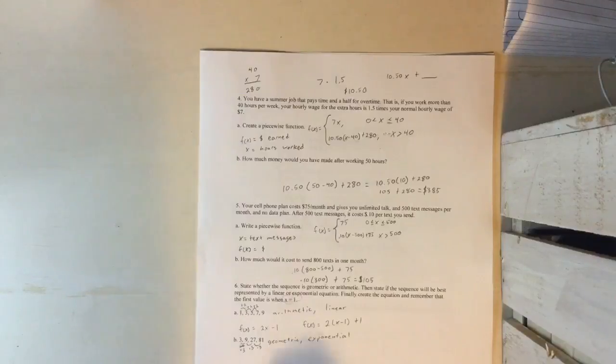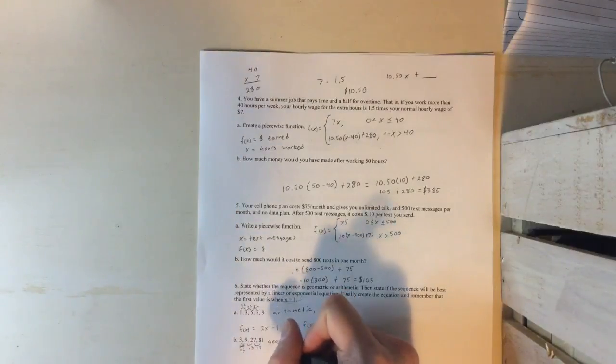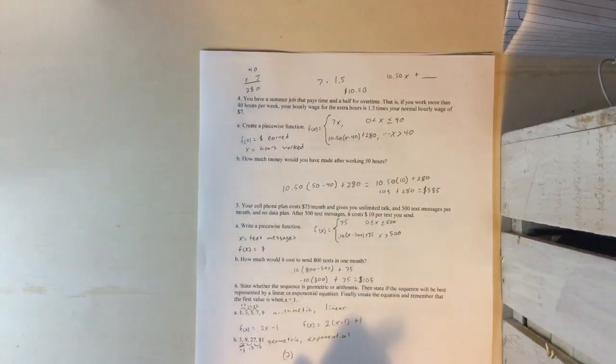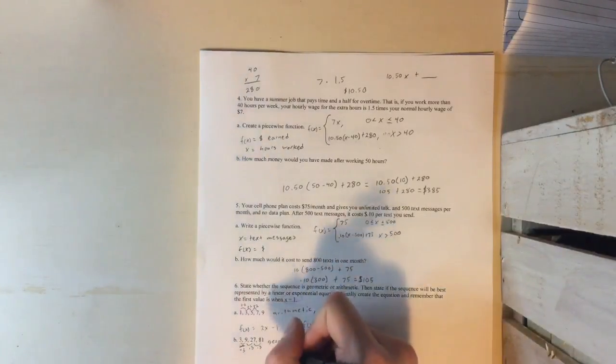And then create an equation. So exponential is a times b to the x power. So the rate that we're increasing by is 3, so that'll go in the parentheses. Then our starting number for this one is going to be 3.